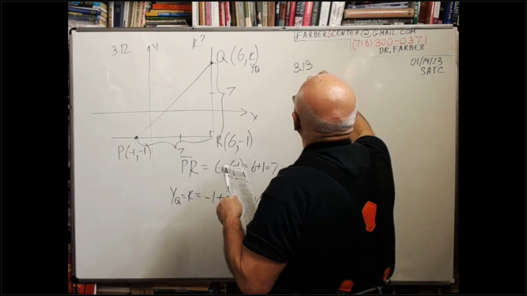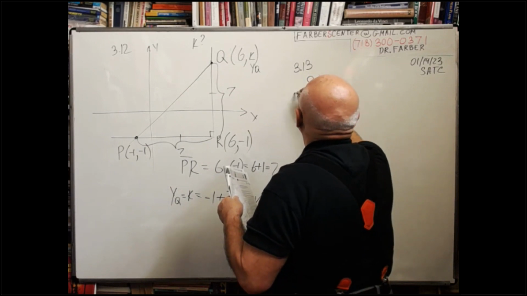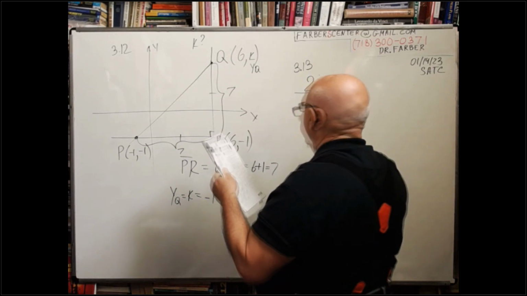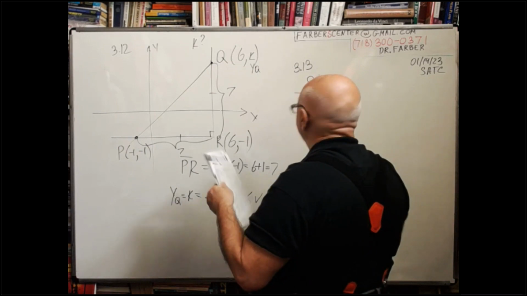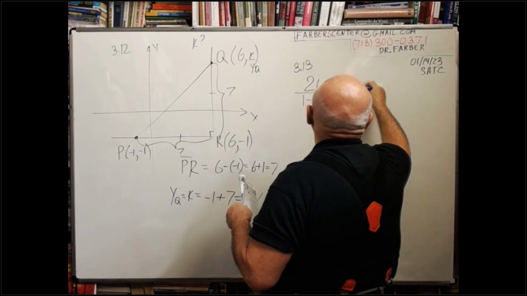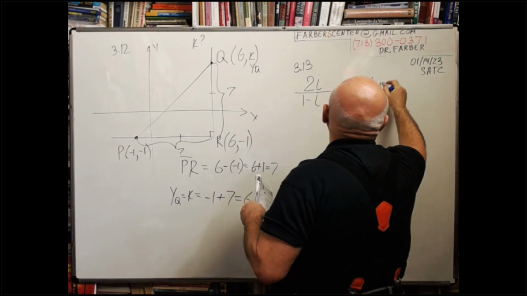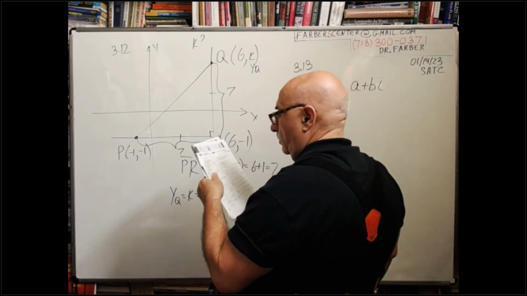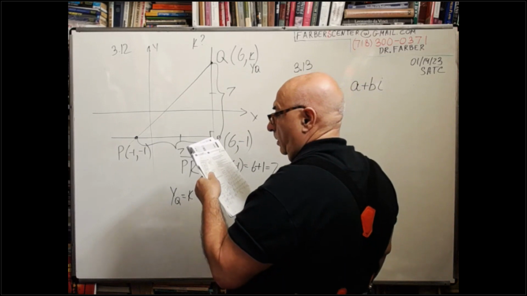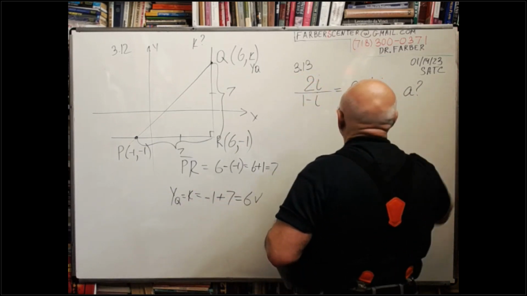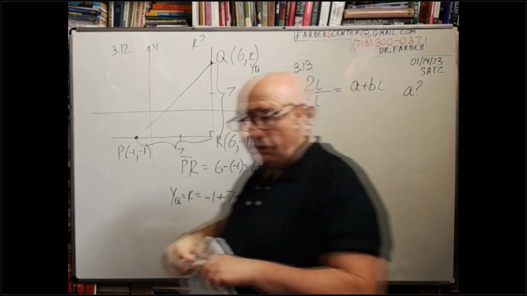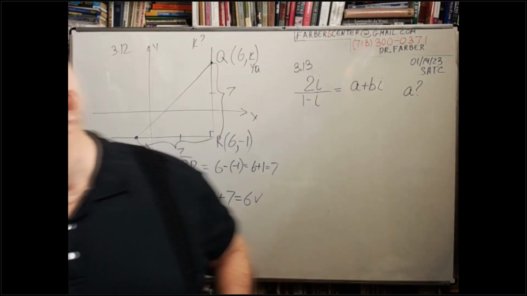2i divided by 1 minus i equals a plus bi. a is a constant. What's the value of a? Well, when you have this question, it's a question not for thinking, like routine.